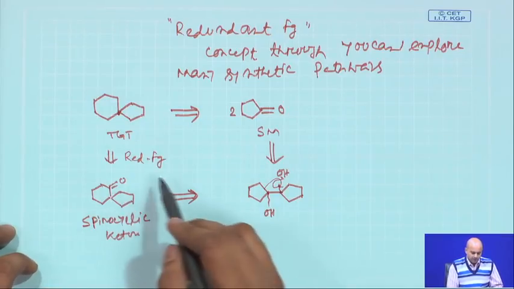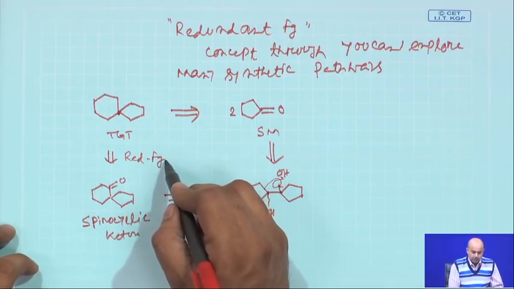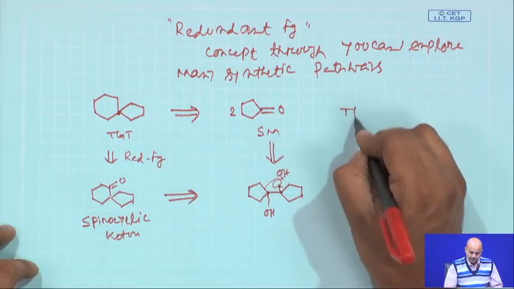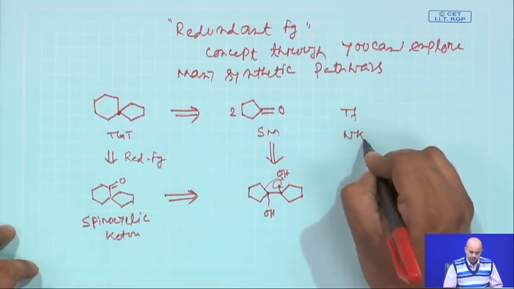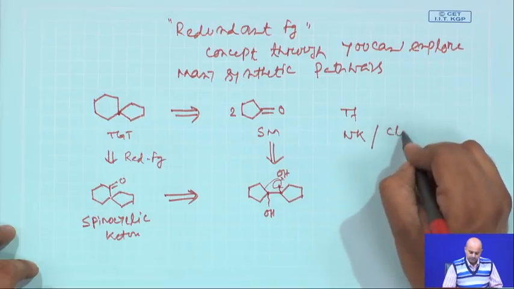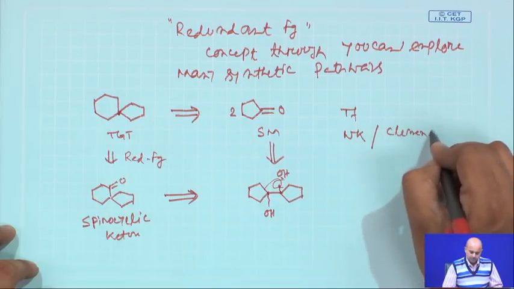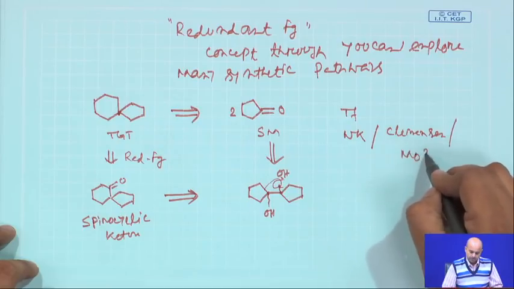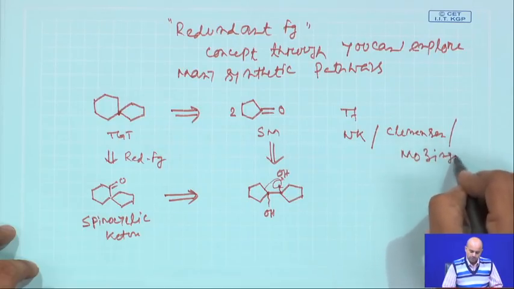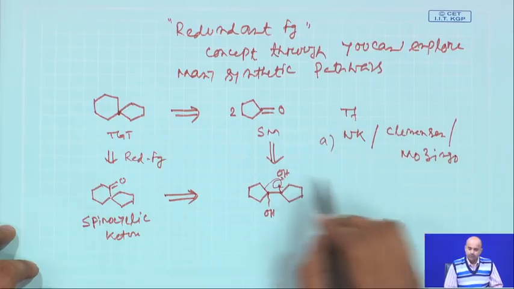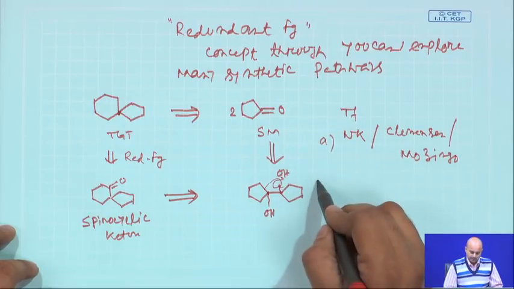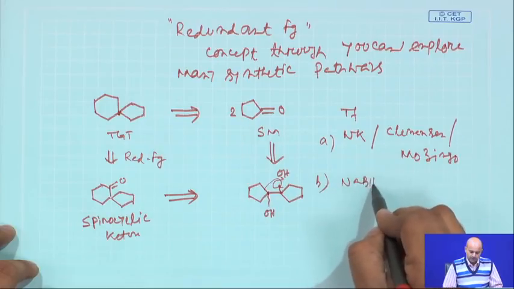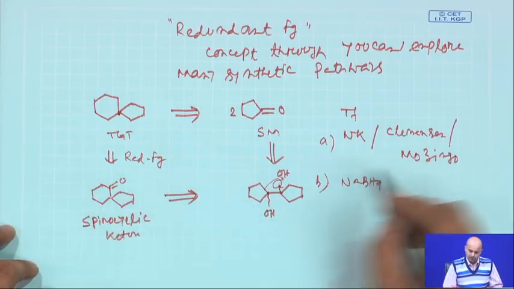Now, here also, what are the reactions you will be doing? You can do a simple Wolff-Kishner, Clemmensen, Mozingo, all these kinds of deoxygenation you can use. You can simply reduce this compound with sodium borohydride to get the corresponding alcohol.